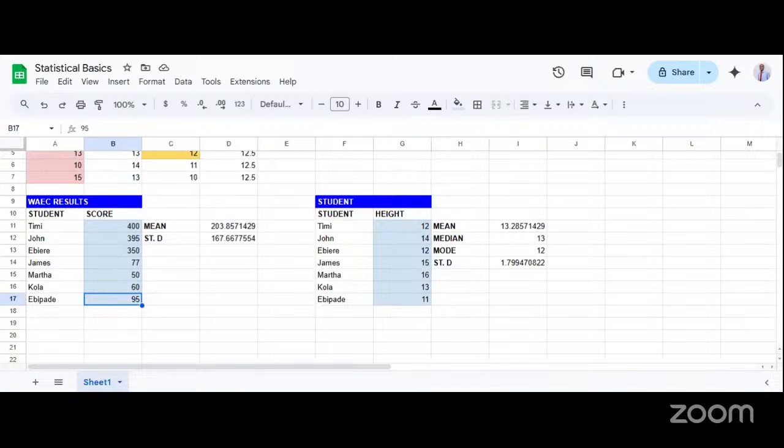What that means is that the heights of the children are closely linked to each other, which is possible because if they are of the same age, most times average children of the same age have heights very close to each other, with just a few that might be taller than the others.